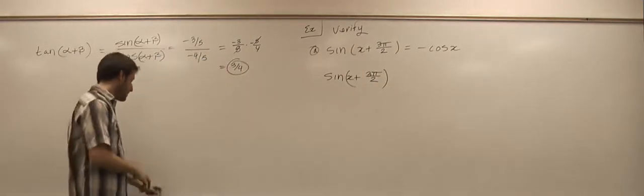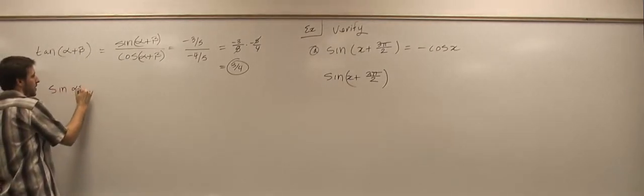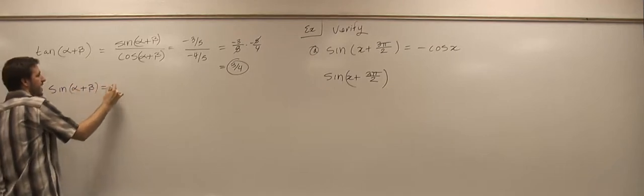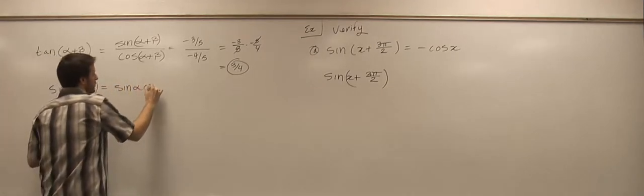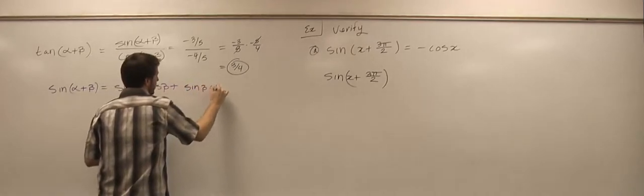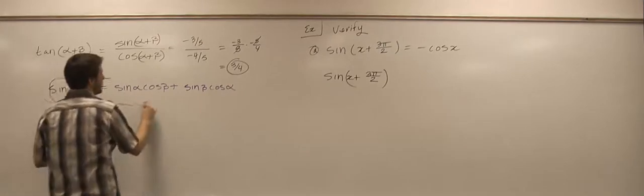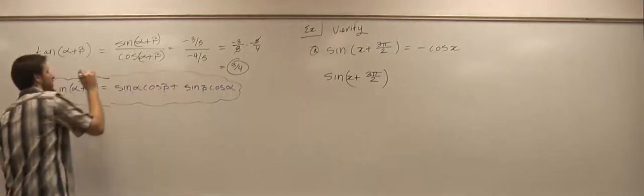Yeah, you can use your formula to expand it. You know somewhere in your memory banks or on a paper or in a book that sine alpha plus beta is sine alpha cos beta plus sine beta cos alpha. This is your formula. It's been given to you. You're allowed to use it however you wish.